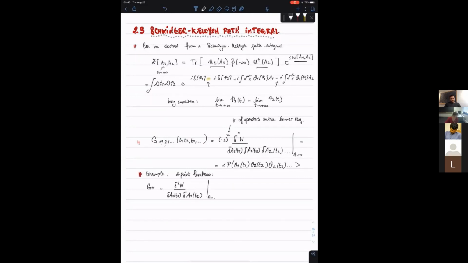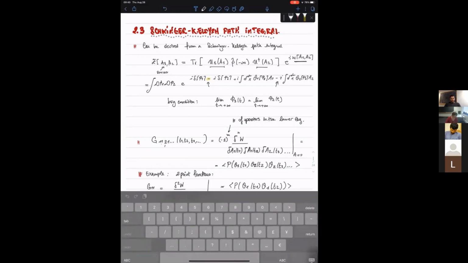Because both of these sources are associated to operators inserted in the upper leg, because they have this index 1, which refers to the upper leg, this will be defined as the path-ordered correlation function of the operators O1 and O1.